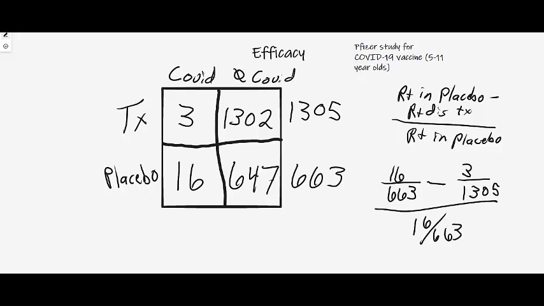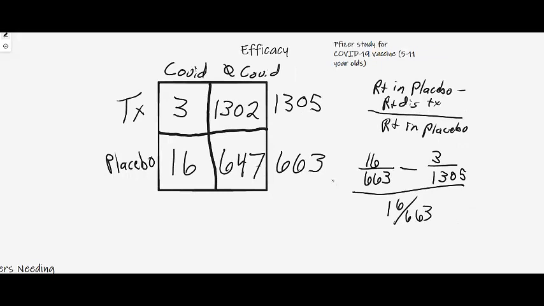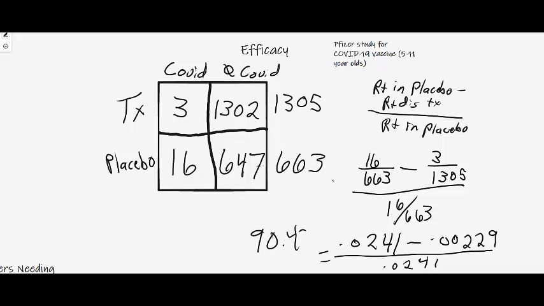When we do those calculations, we are able to see that the rate of disease in the placebo group is 0.0241, and we subtract that by the rate of disease in the treatment group, which is 0.0229 all over 0.0241. And we get the exact same calculation that Pfizer said we had, which was 90.48 efficacy. That's one measure that's important.